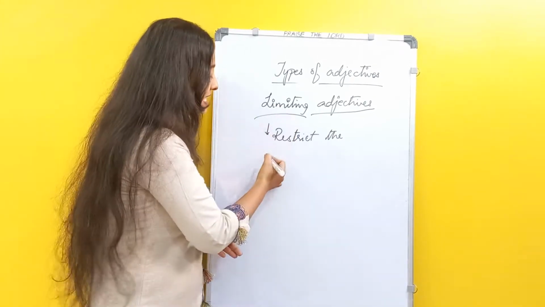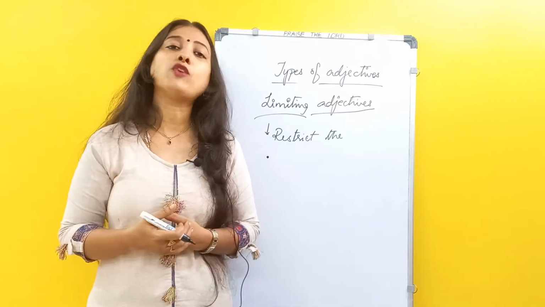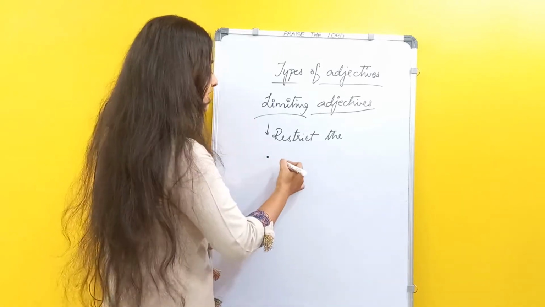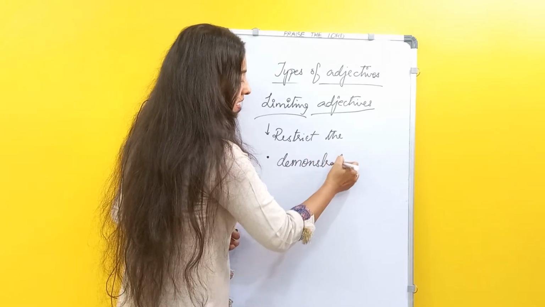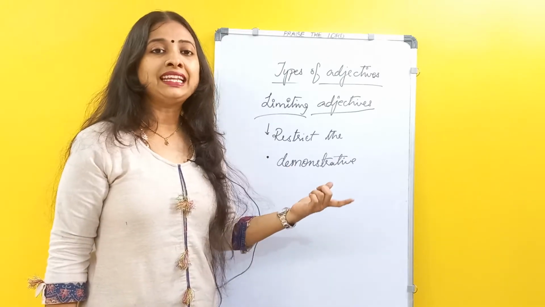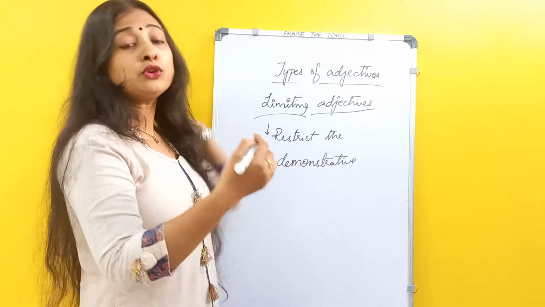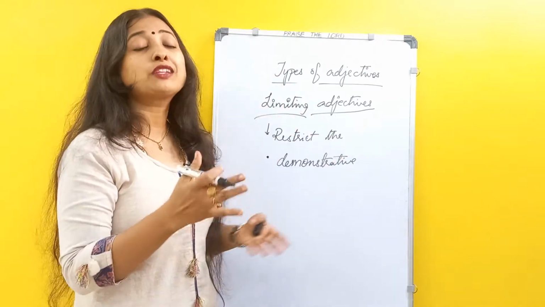Limiting adjectives are of many kinds, and some of them we have already seen. We have seen demonstrative adjectives. What are they? They are used to demonstrate, to point out something in space with respect to time.